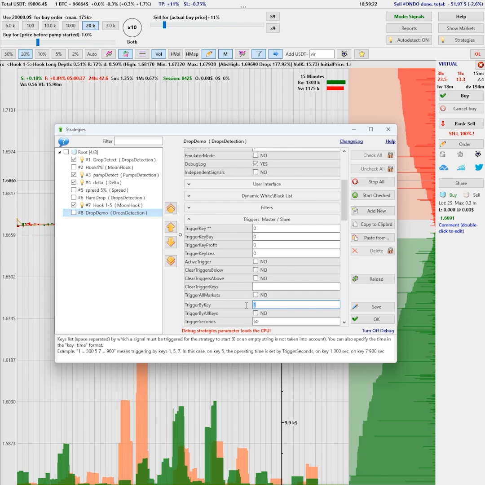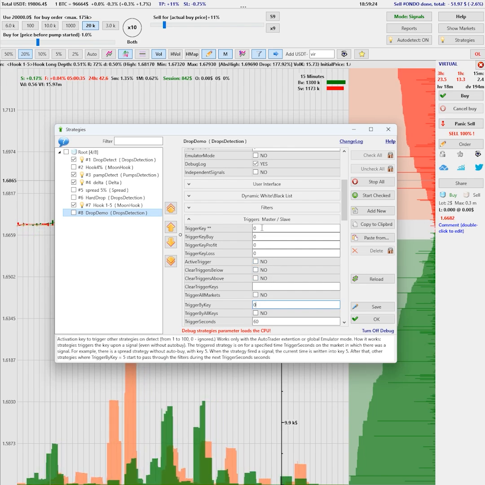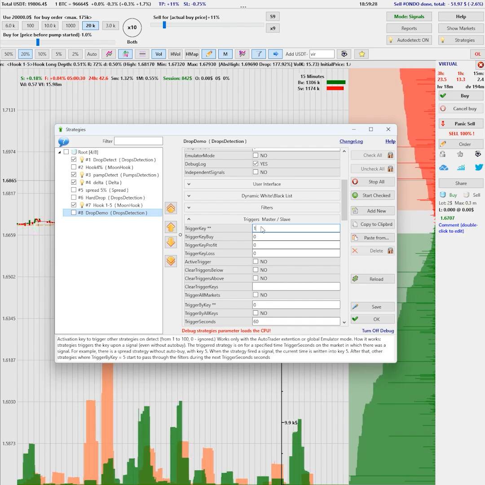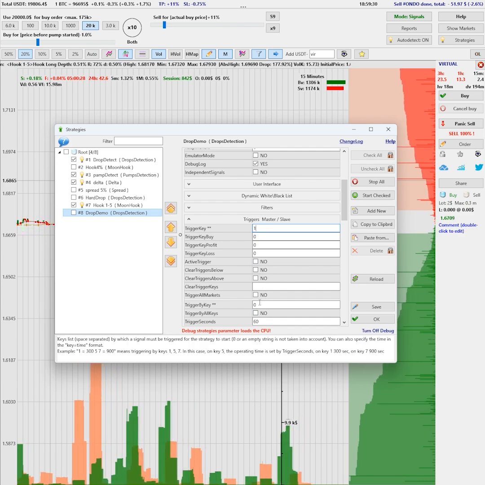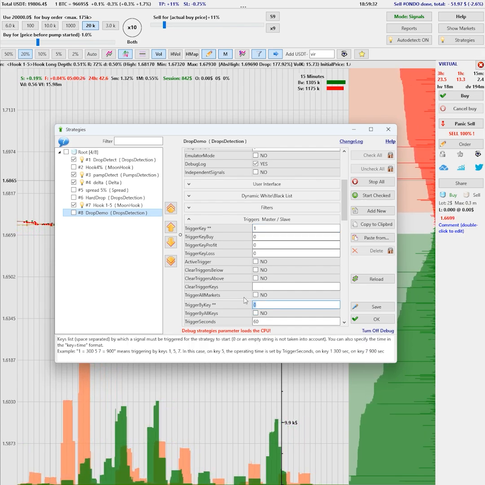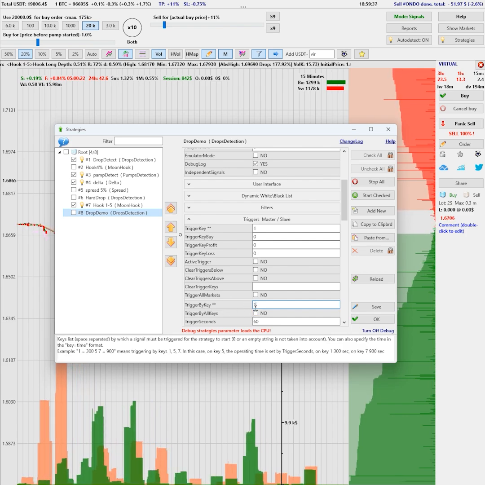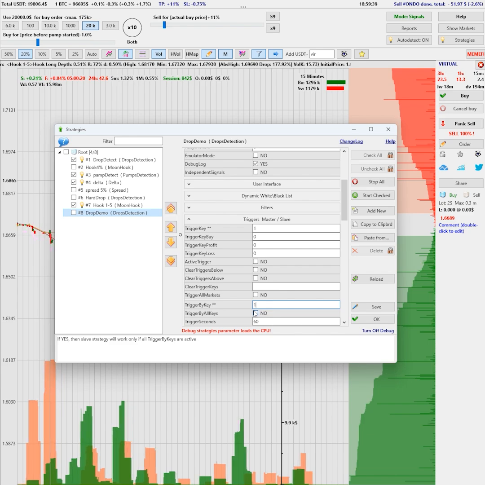So what that will do is that this drops detection strategy, which has trigger key 1, and then the volume strategy will have a trigger by key 1 here. It means that the drop strategy triggers a volume strategy.